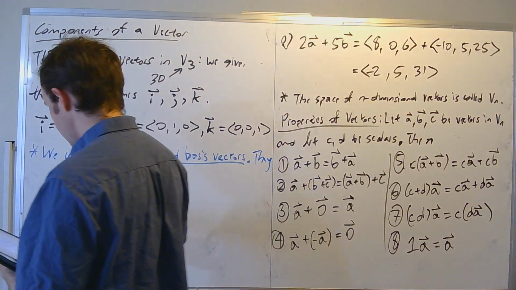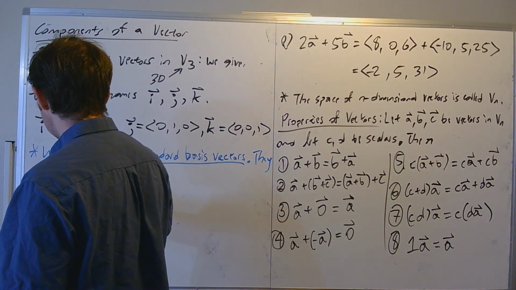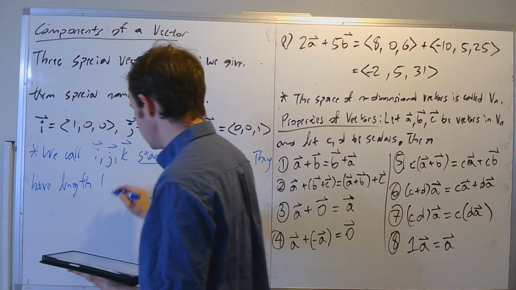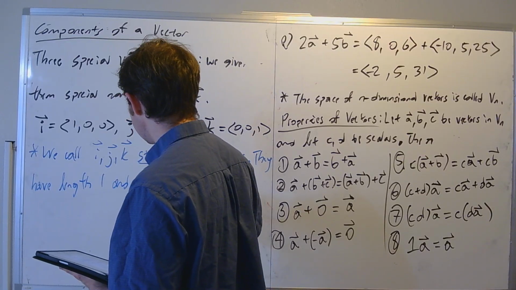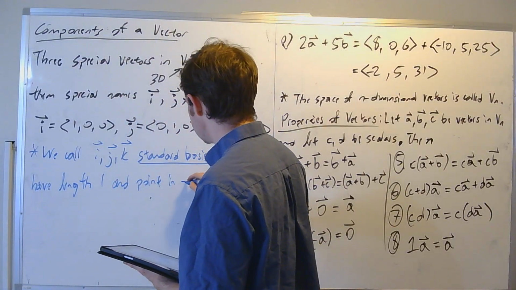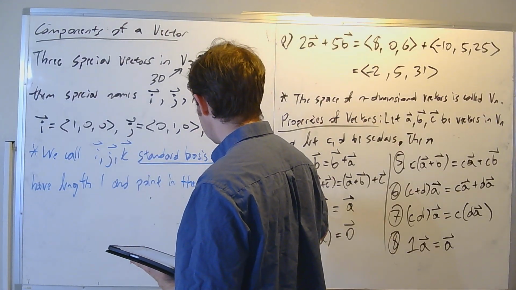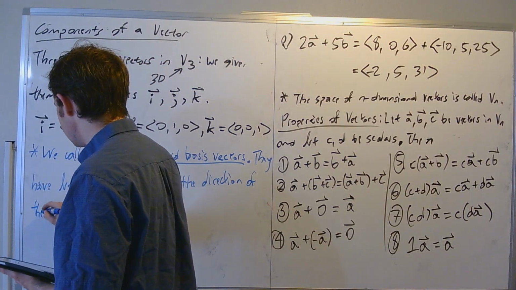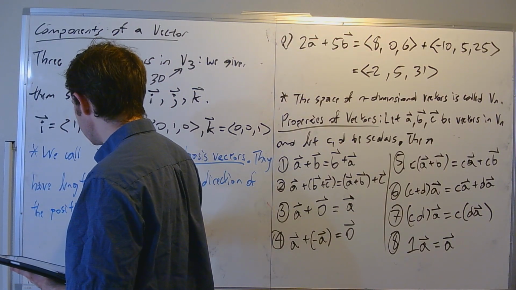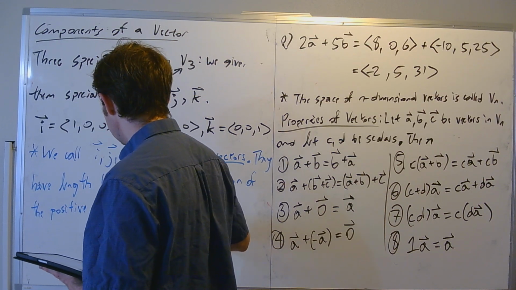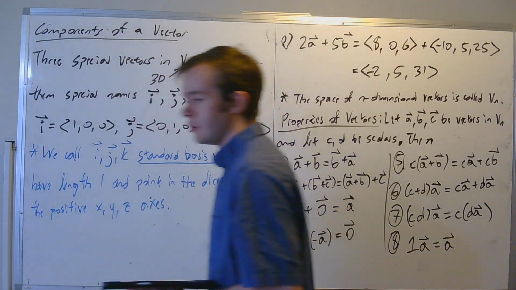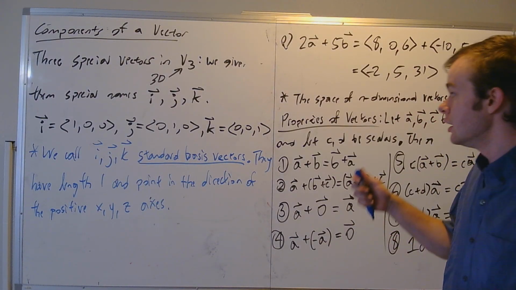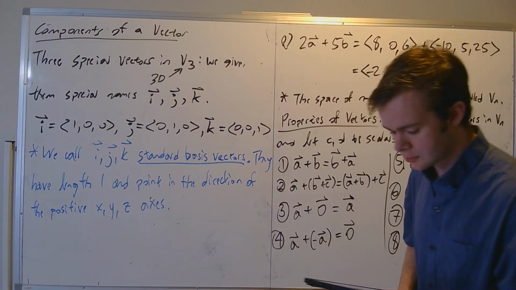They have length 1, so the length of all these is 1, and they point in the direction of the positive x, y, and z axes. Right, so that's why they're special, is because they point exactly in the positive x, y, and z directions, and they have length 1. So that's why we give them special names.